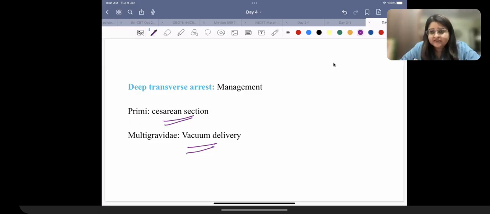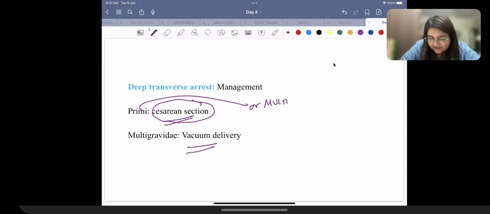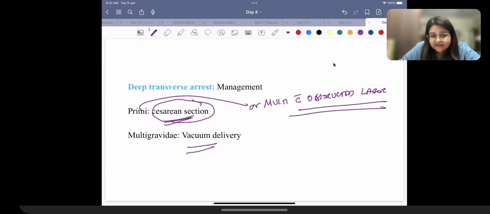So if the patient is a primigravida, then the cause of DTA is likely to be an android pelvis. So cesarean section is the treatment of choice. Primigravida or a multigravida with features of obstruction. So if there is obstructed labor, whether it's a primi or a multi, if there are features of obstruction, treatment is cesarean section.